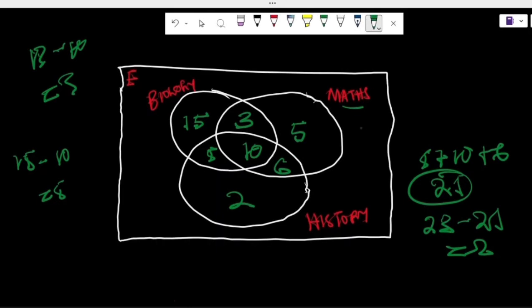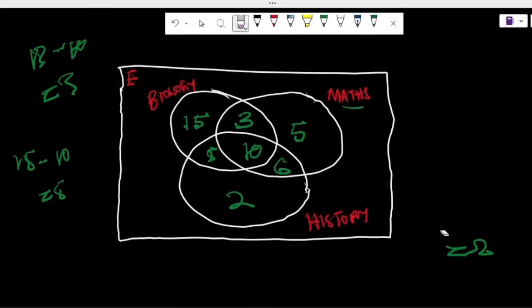Now, remember that the total number of students or learners at this school who participated in this particular activity was actually 50, which means that when we add these numbers, we should get 50.